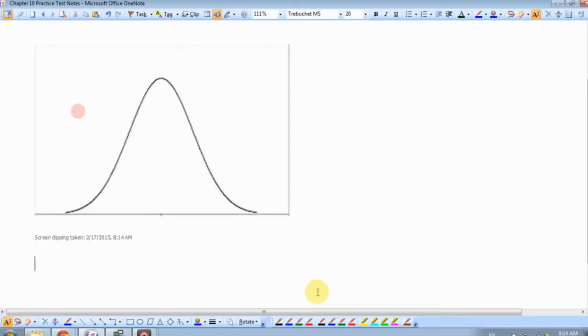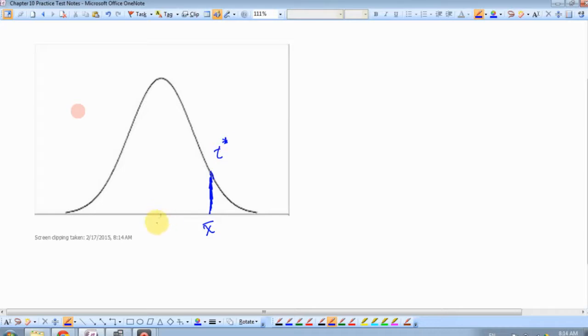Let's say you get your normal curve, you do your test, and you get your x bar. Let's just pretend it's here. This would definitely be your t statistic, your test statistic.